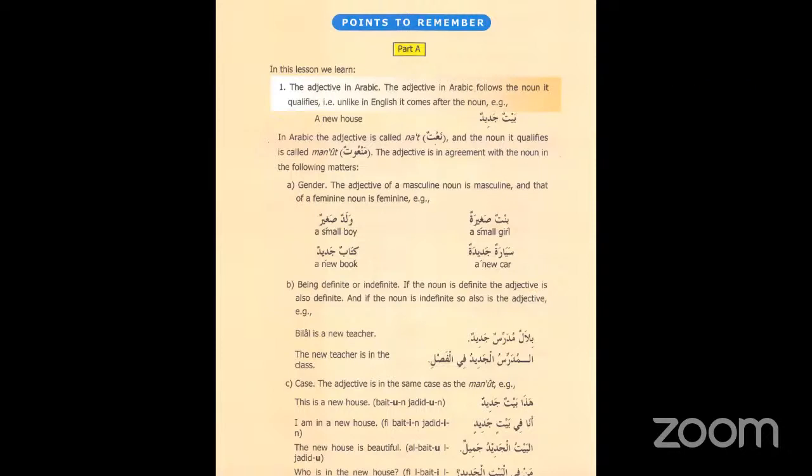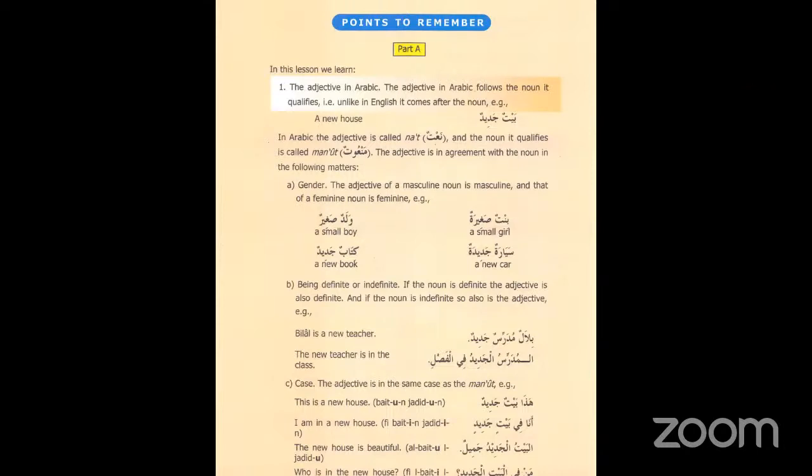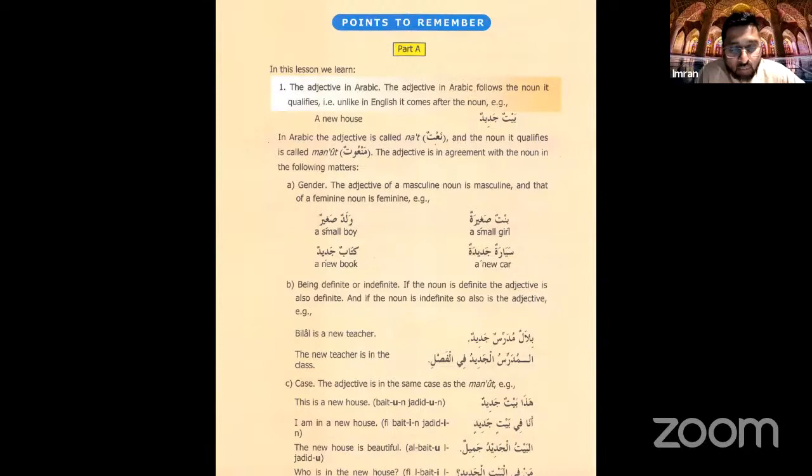The word sayaratun is feminine, so the adjective jadidatun. Correct. And the next one, kitabun jadidun. Can you see this, everyone, that both nouns follow each other in their gender? Thank you for that.